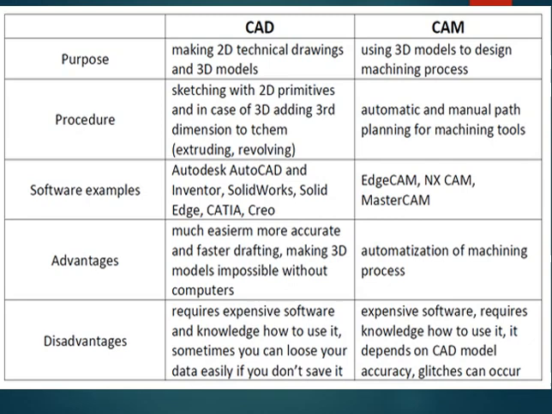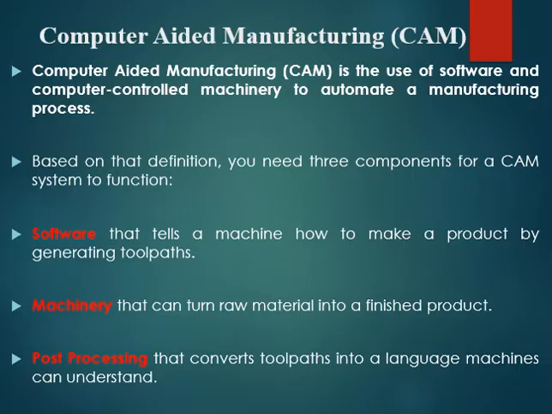So the operator must have some knowledge about CAD. Similarly in CAM, the operator must have some knowledge about CAM. Only then can he create the accurate design or the accurate automatic programming procedures; otherwise it creates some error.